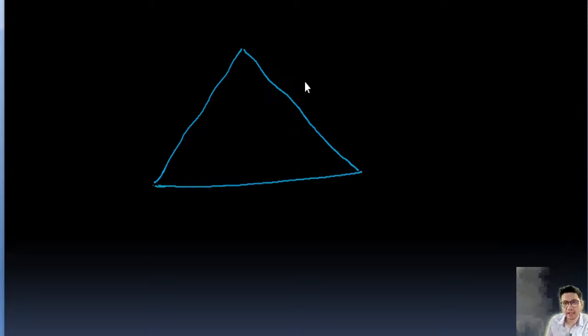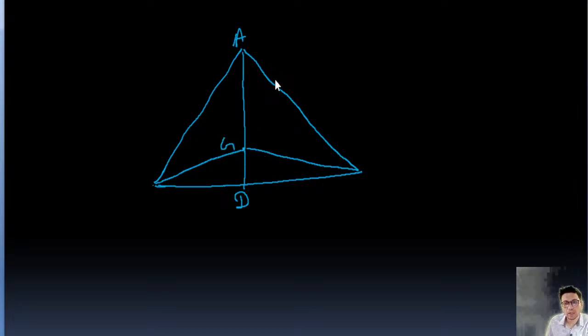So this is the equilateral triangle, and the centroid is here, guys. There is a property of the equilateral triangle that I'll tell you. So this is the centroid. This is A, this is D, and this is G, guys.